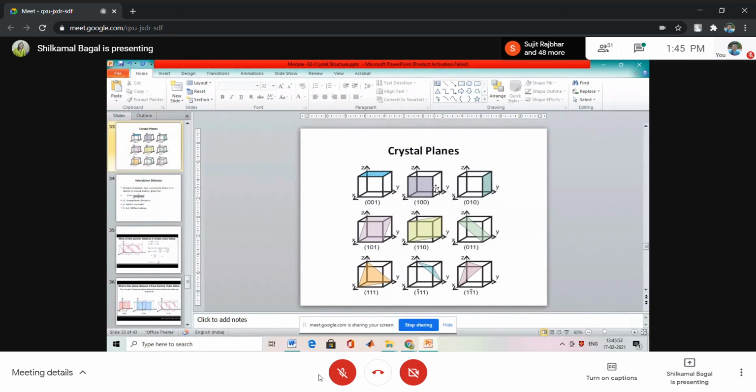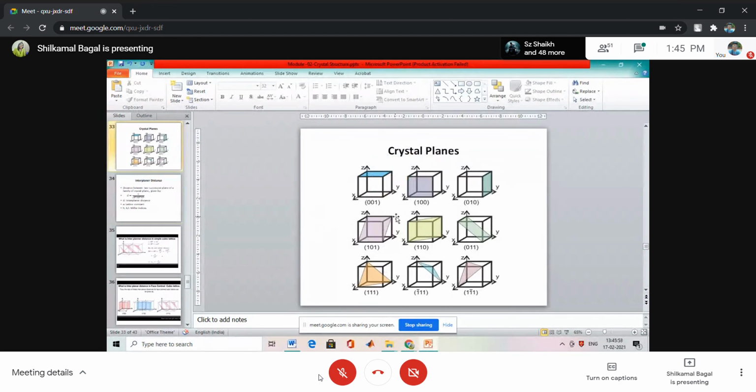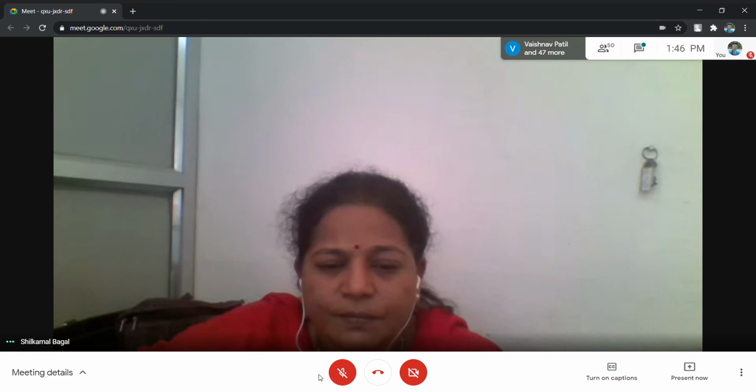At least the positive indices you must have understood. Okay, now I am stopping the screen share and I will show these actual planes in our model. Wait just a minute.